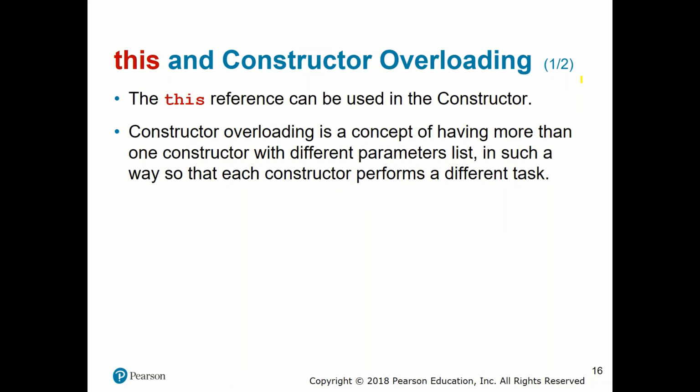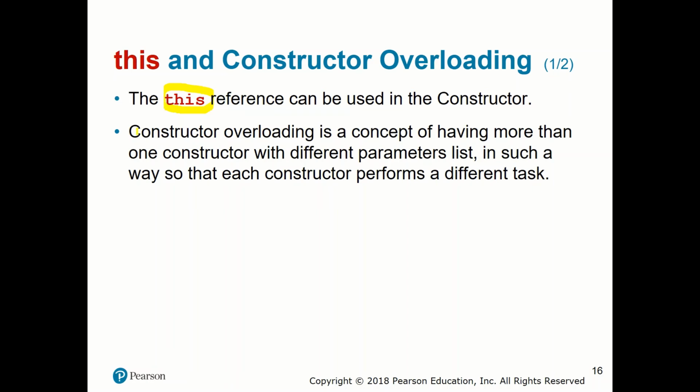This is a very important use of the this keyword. The this keyword is used in constructors, actually for constructor overloading. Okay, I think now you know what method overloading is. So this time I will explain about this in constructor overloading.